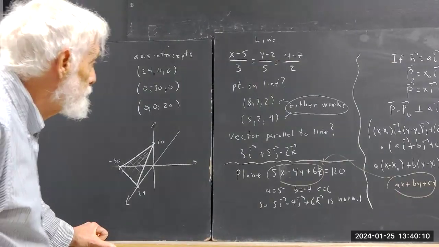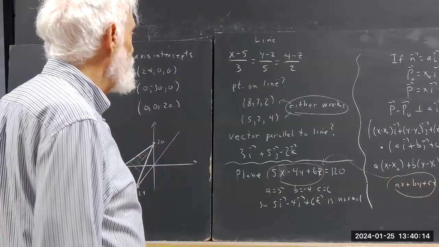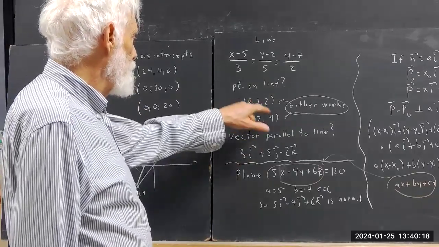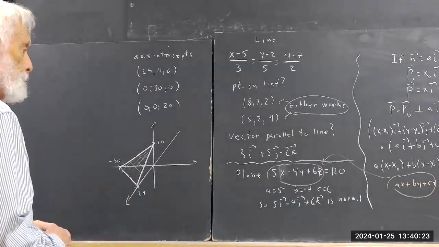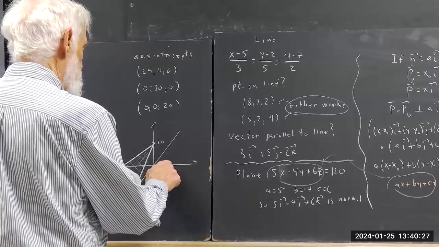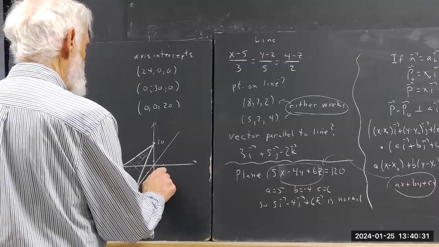Then we have this line. The line goes through (8, 7, 2). I'll use those because the numbers are a little bigger and we've got kind of big numbers here.